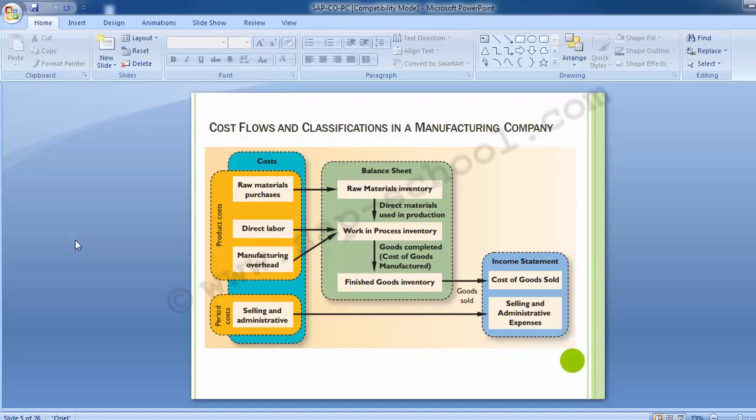Now, the diagram illustrates the flow of cost in a manufacturing company, where raw material purchases are recorded in the raw material inventory account, that is over here. Raw material purchase cost is reflected in the raw material inventory account or GL.